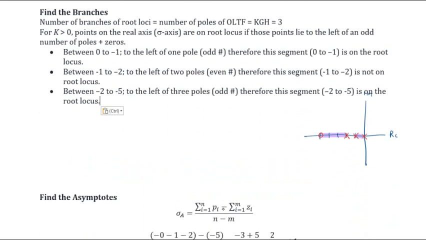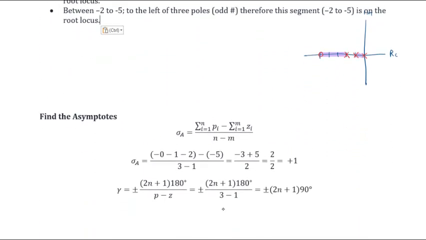Now let's go to the asymptotes. For the location of the asymptote, we use the expression for sigma sub a. That's the location where the asymptote crosses the real axis.